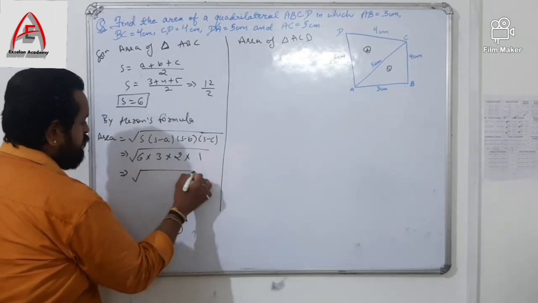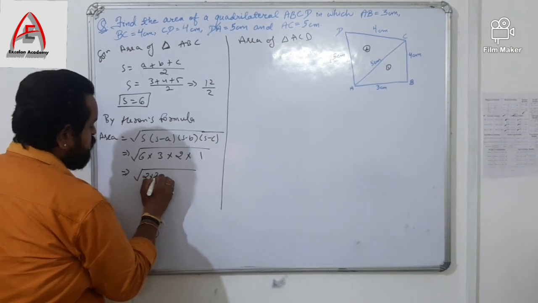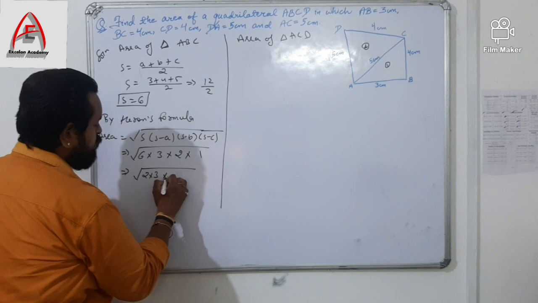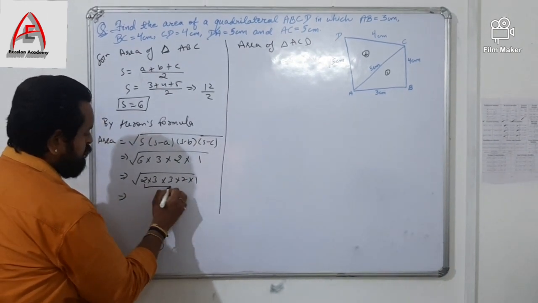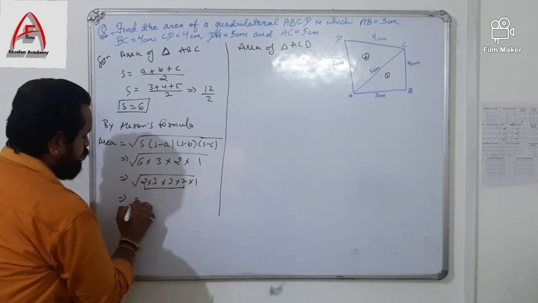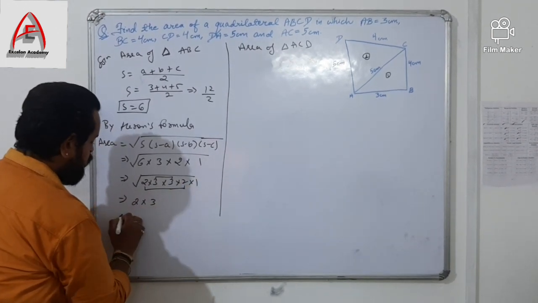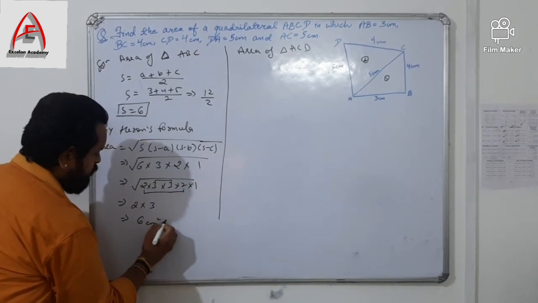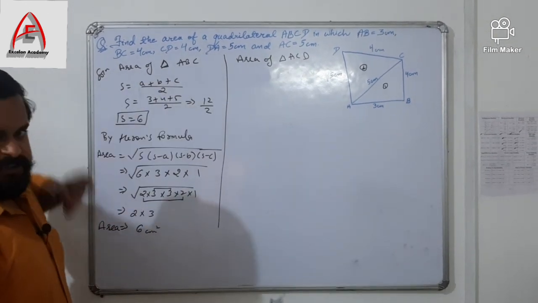Now find the factors of 6: 2 into 3, and 3 into 2 into 1 will be the same. From the pair of 2, 2 will come out and from the pair of 3, 3 will come out and 1 will be the same. So 6 centimeter square. This is the area of triangle ABC.